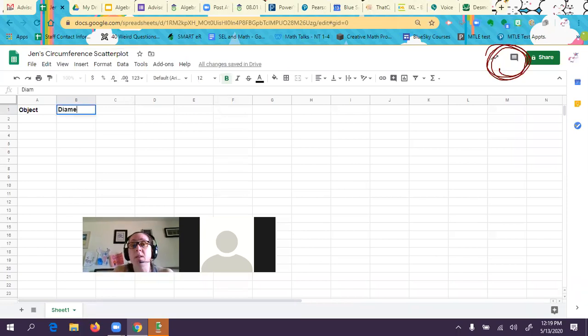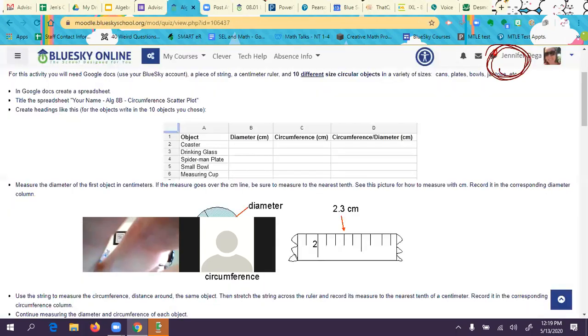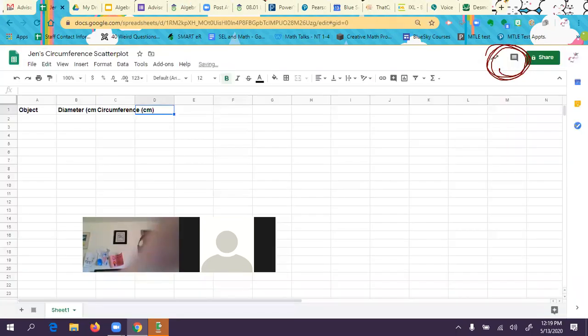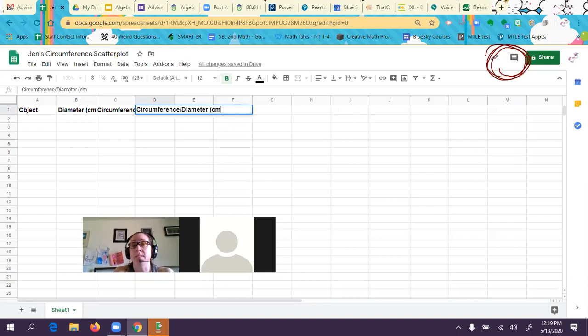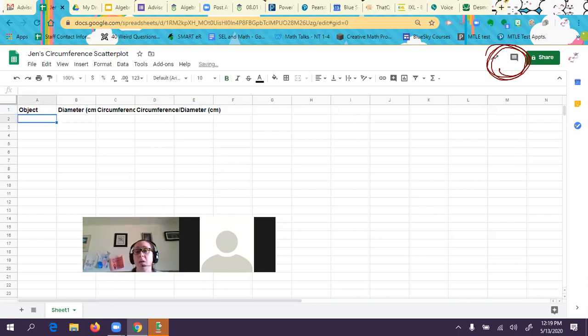So diameter in centimeters, circumference in centimeters, and circumference divided by diameter, also in centimeters.